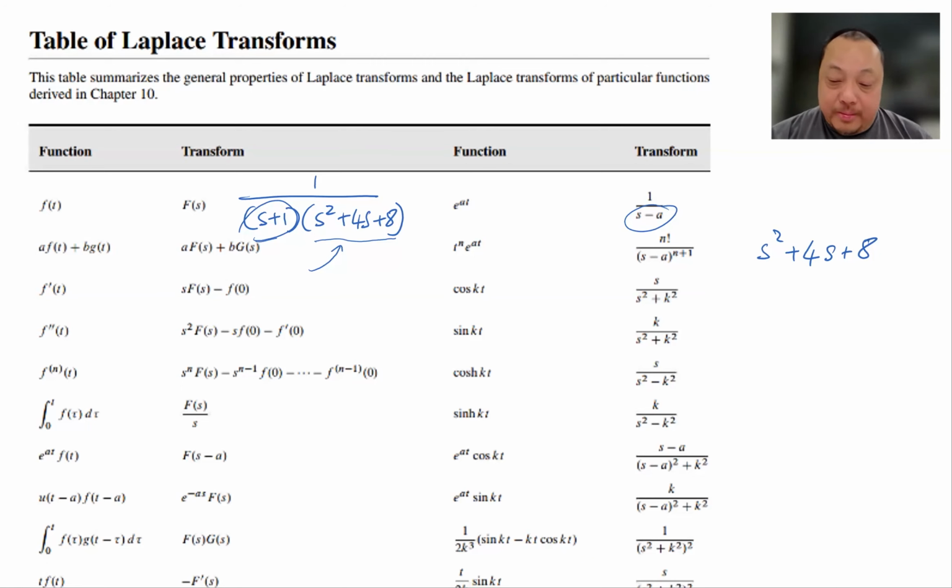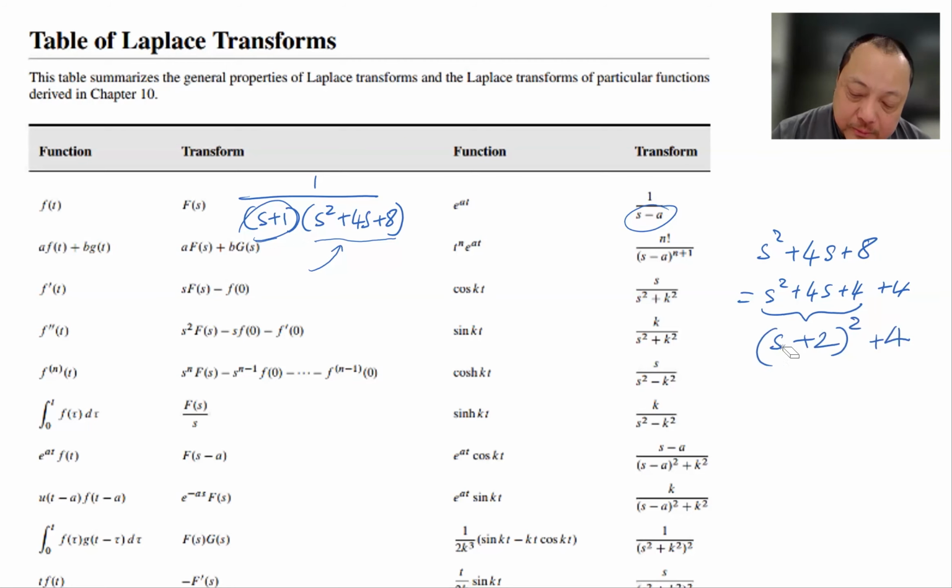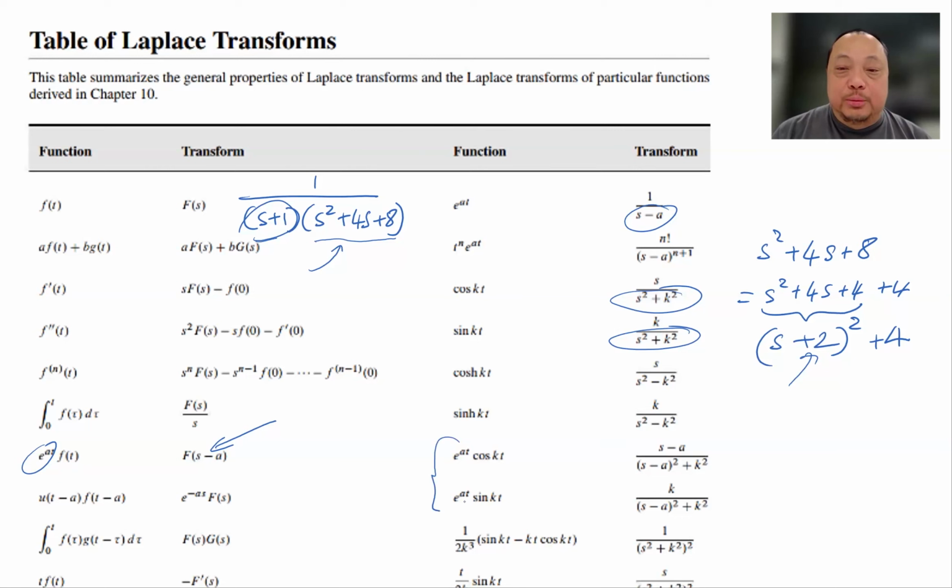This is s squared plus 4s plus 4 plus another 4, where this is my completing the square, s plus 2 quantity squared. That's this, except that it's s plus 2 instead of s. That's a phase shift, and a phase shift in s corresponds to a multiplication by e to the at in the t universe. And sure enough, it's down here in the table.